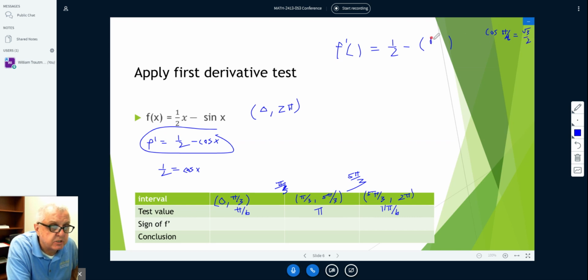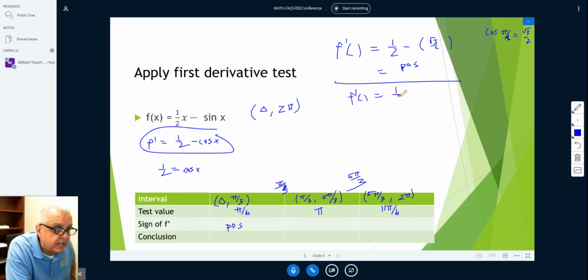Put the square root of 3 over 2 in here. And root 3 is like 1 point something. So if I do 1/2 minus 1 point something, I end up with a negative number. And that's all that I'm looking for, is whether the sign when I plug that number into the first derivative is positive or negative.